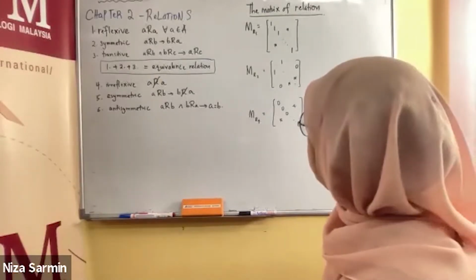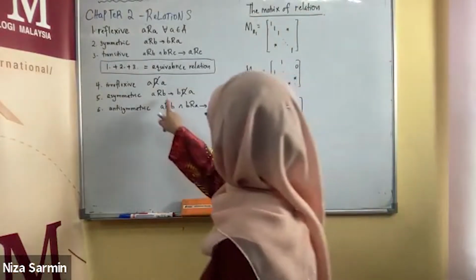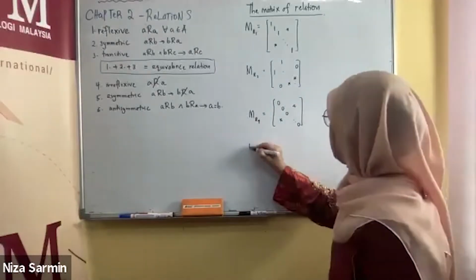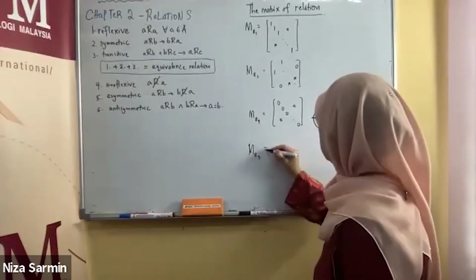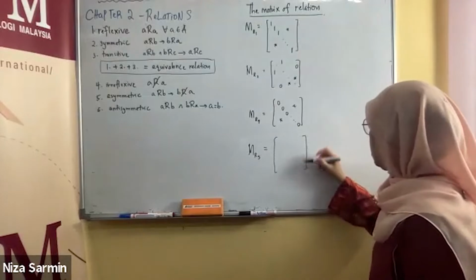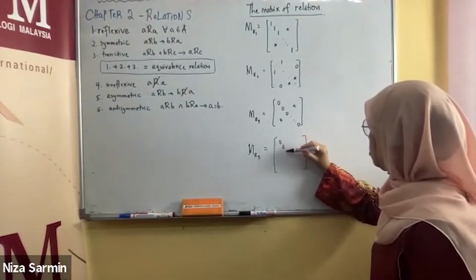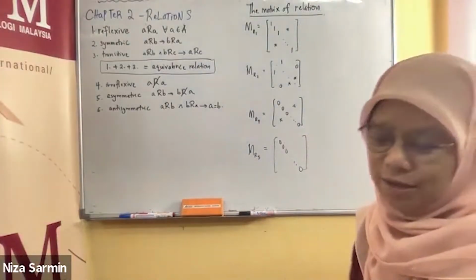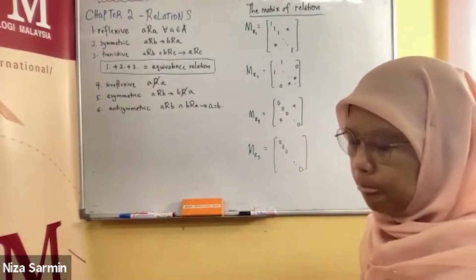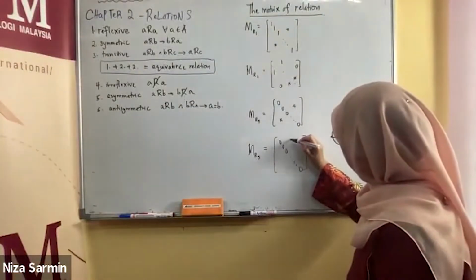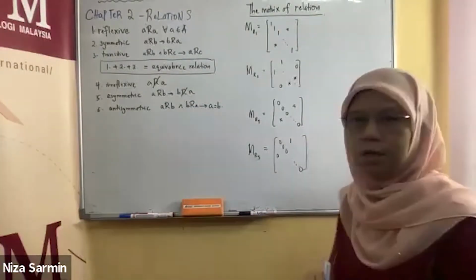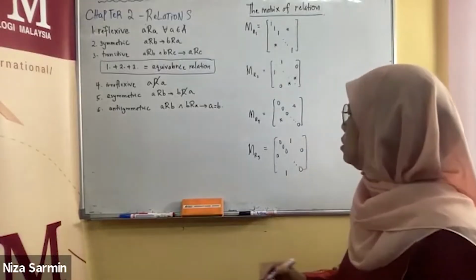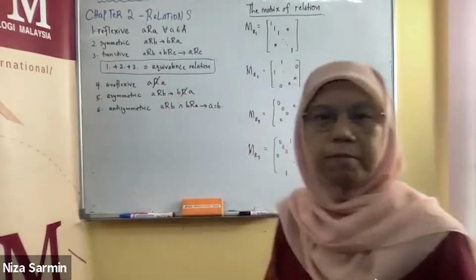But anyway, for asymmetric, if you have ARB, you cannot have BRA, meaning you cannot have a one on the diagonal. So the diagonal has to be all zero, because ARA would mean A is B. And if there is a one here, the opposite one has to be zero, because you cannot have both at the same time.